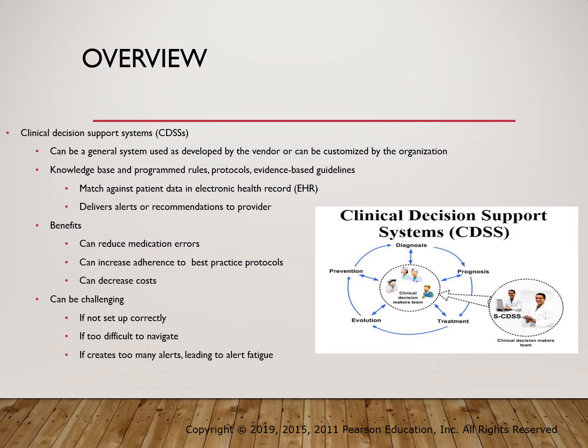So again, I said in the informatics lecture, if you put in vital signs that are abnormal, it'll flag it red, or it'll let the nurse know when something needs to be documented or a medication needs to be given. It'll alert the nurse that a patient is becoming septic according to the information that they put in the system. The support system can improve patient care through the reduction of medication errors.